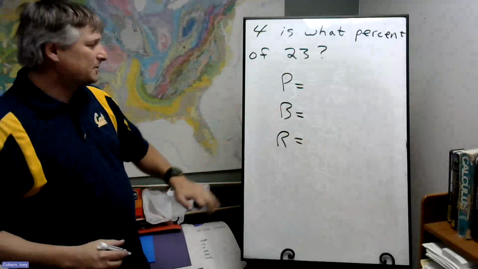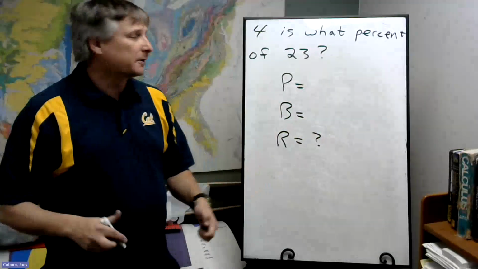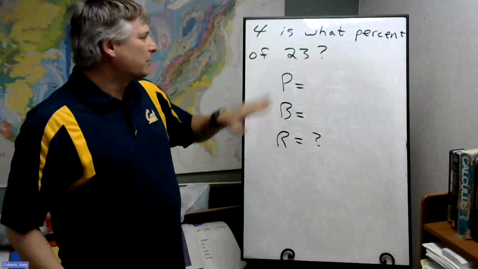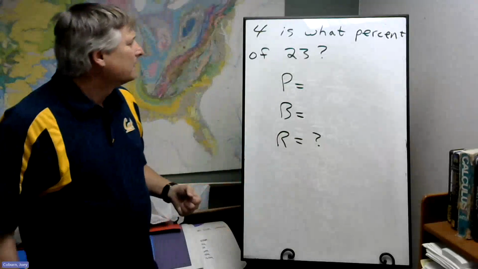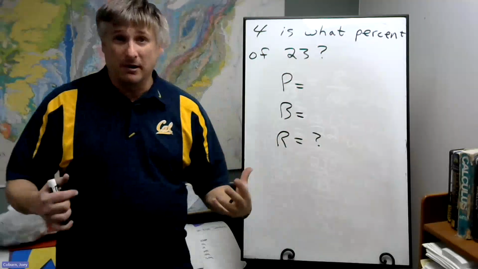Now, we don't have the percent. It's what percent. So right away, that's the question mark. Now, we have to decide about 4 and 23, which one's a part and which one's a base. Now, 4 is a percent of something. That means it's a part.